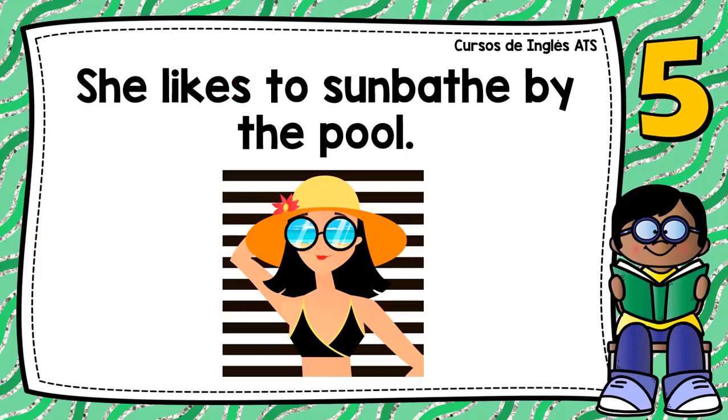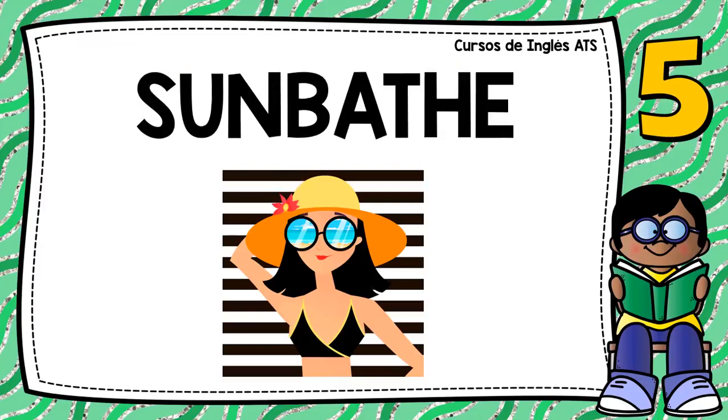Y sigamos analizando esta oración. Cuando usas like con otro verbo, los tienes que separar usando to. Likes to sunbathe. Practiquemos la pronunciación de esta palabra. Sunbathe. Sun.